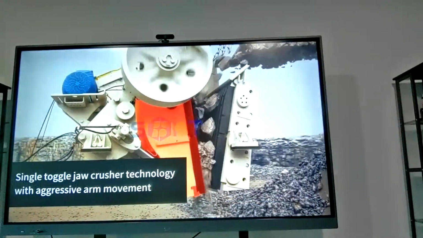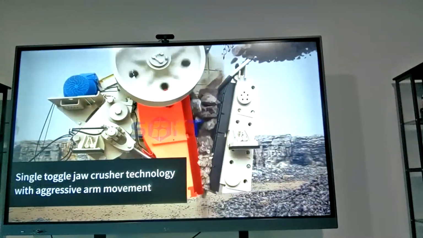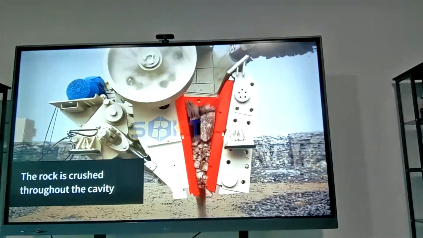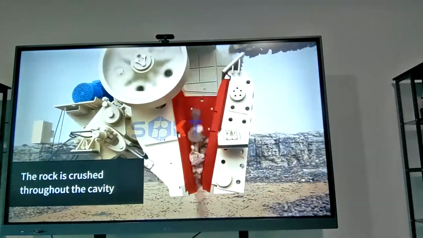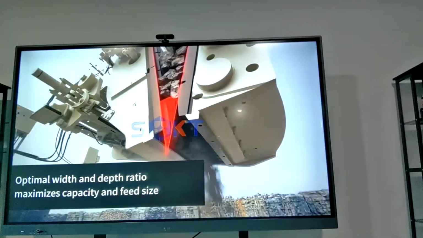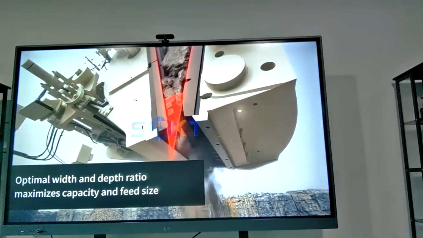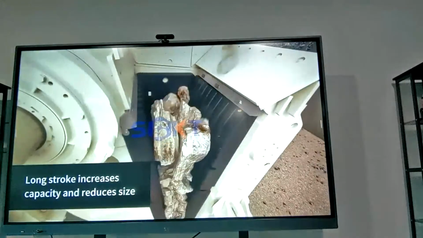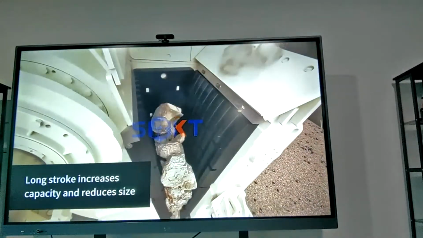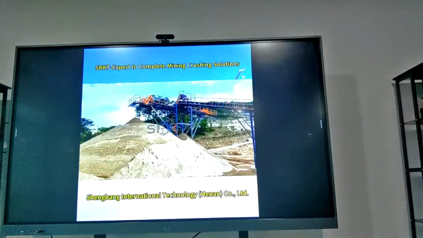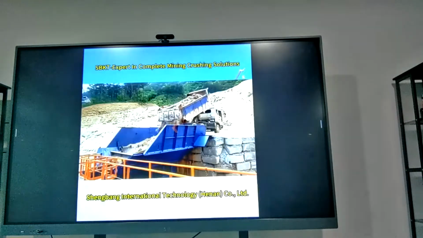It has some product advantages. First, the crusher possesses an optimized structure, an optimum configuration of the crushing chamber, and trajectory parameters of the moving jaw. The super long crushing stroke maximizes the feeding size, capacity, and crushing ratio.